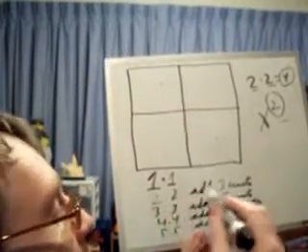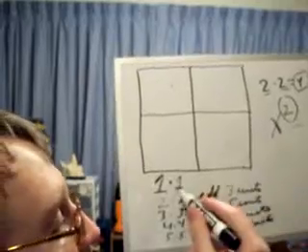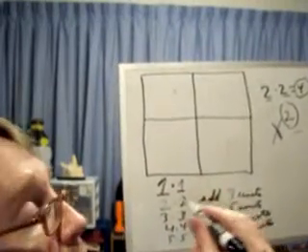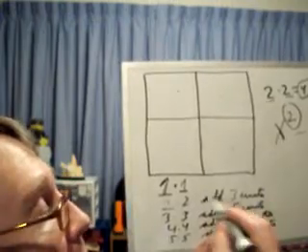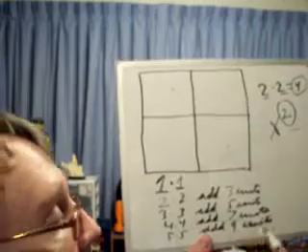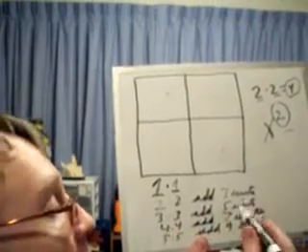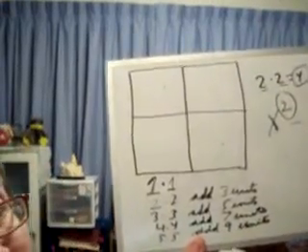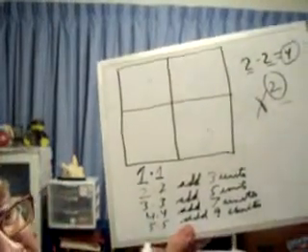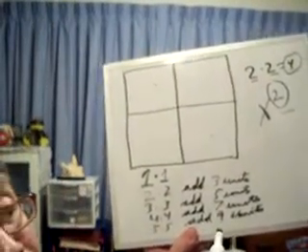So, when you make this a 2 by 2 square, you've added 3 units to the 1 by 1, and then, because you now have 4, you add an additional 5, and it makes the 9. You add an additional 7 on top of that, and it makes the 16, because 9 plus 7 is 16. Okay? And if you add 9 units to 16, you're going to get 25.